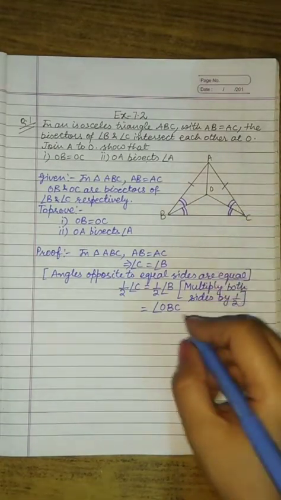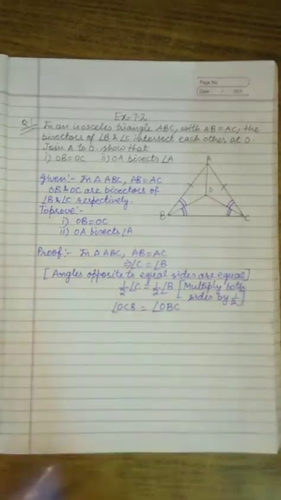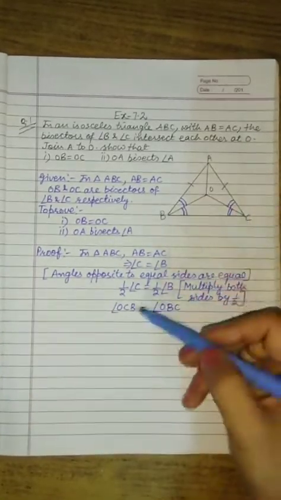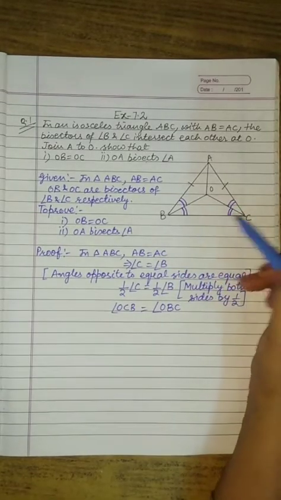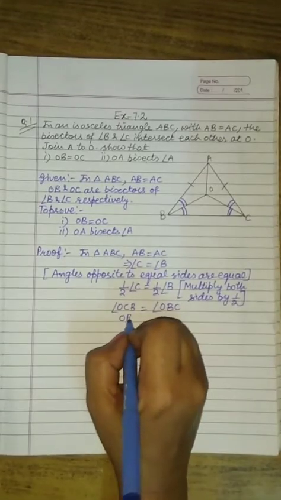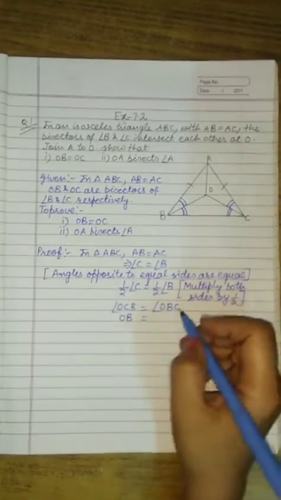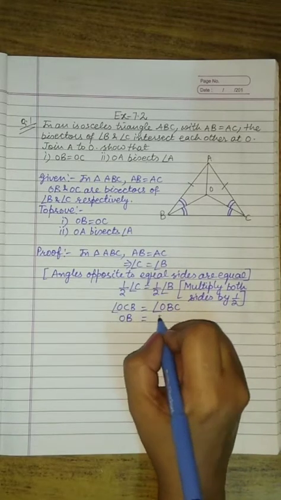So it will be angle OCB. Now, side opposite to angle OCB is side OB. And similarly, side opposite to angle OBC is side OC.